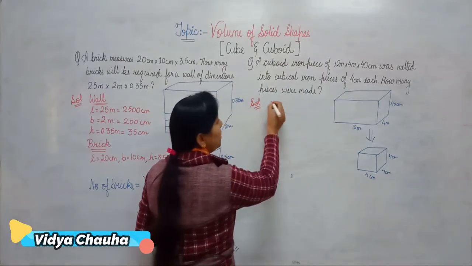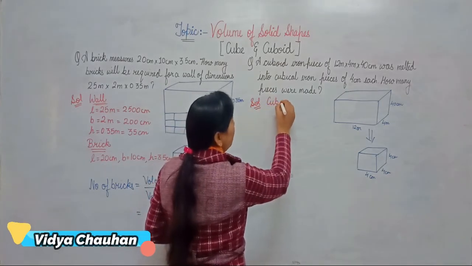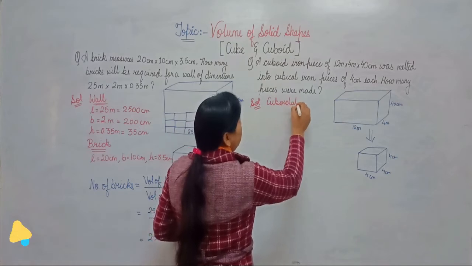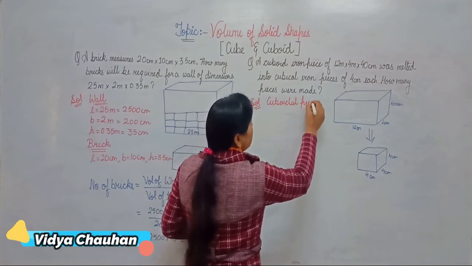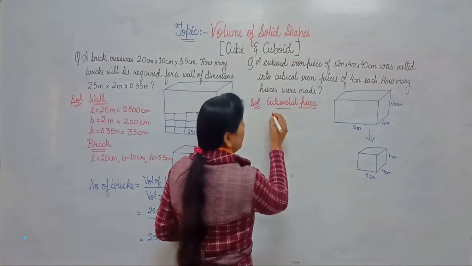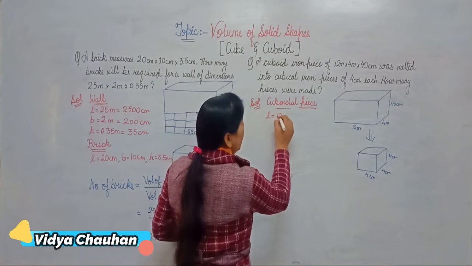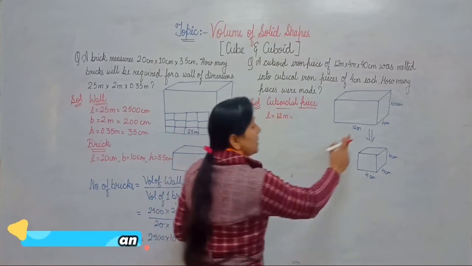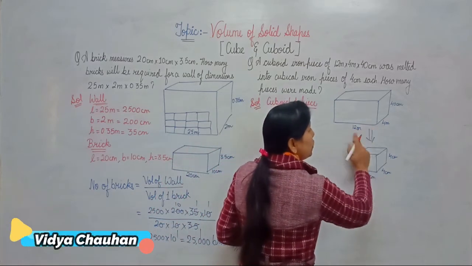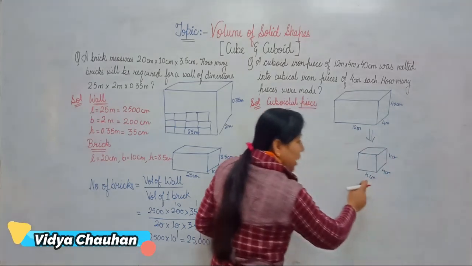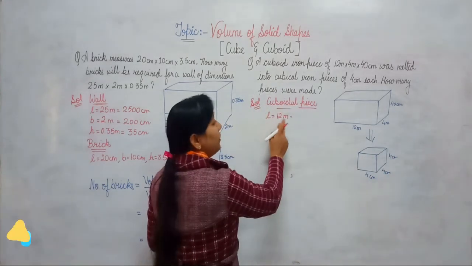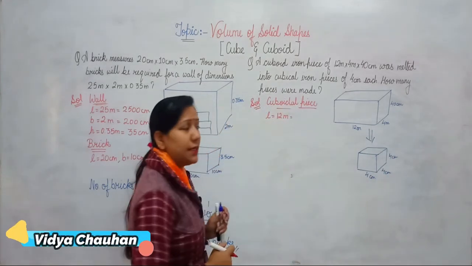So discussing the solution, very first let's write for the cuboidal piece. If we talk about its length, length is 12 meter. As I have already told you, these two dimensions are in meter and the rest are in centimeter. So we will be converting meters into centimeters.